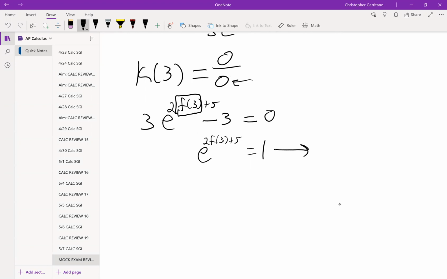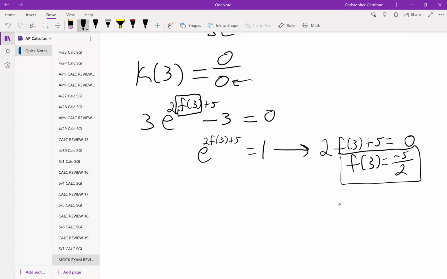So 2 times f of 3 plus 5 is equal to ln of 1. Well, ln of 1 is 0. Now solving for f of 3, you see that f of 3 is equal to negative 5 over 2. Okay, so that solves the first part of the problem.